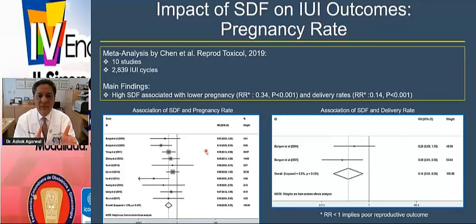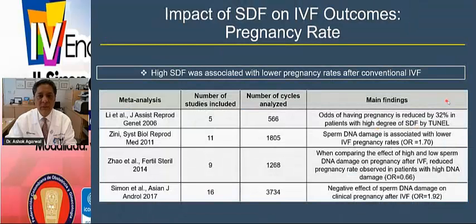Again, the results are very significant, with a risk ratio of 0.34 for pregnancy rate, and for delivery rate, a risk ratio of 0.14. Both of these values are highly significant, and you can see here that the results are plotted on the forest plot.